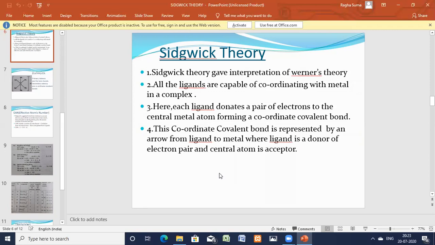So the metal acts as the Lewis acid and the ligand acts as the Lewis base. The ligand donates a pair of electrons, and the metal atom accepts the electrons.